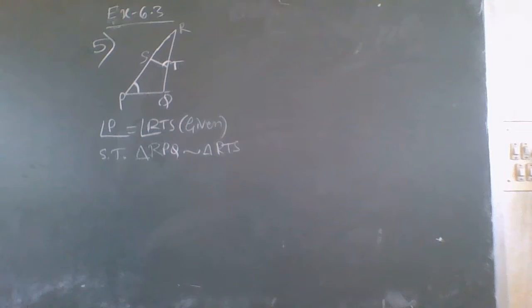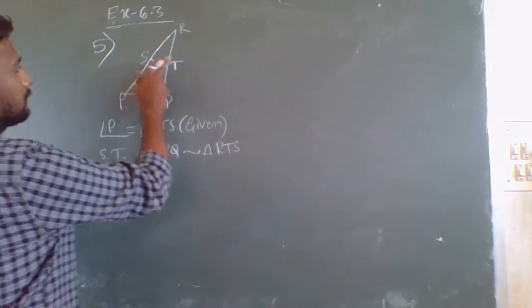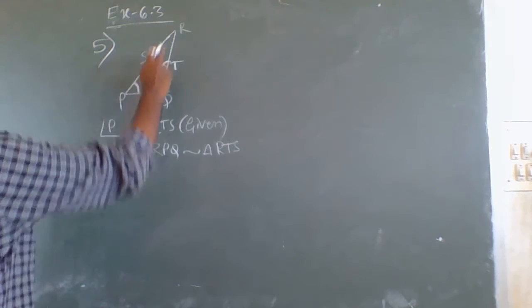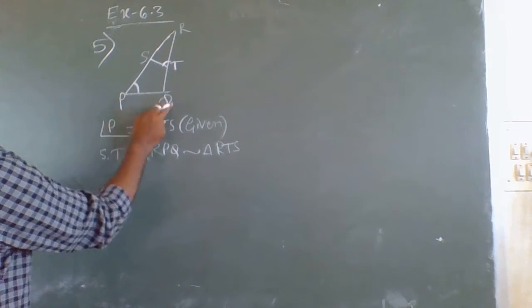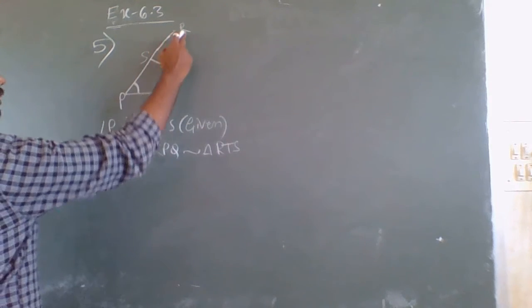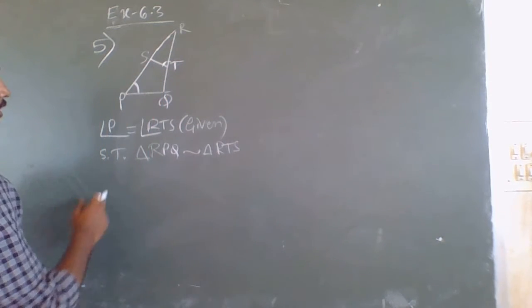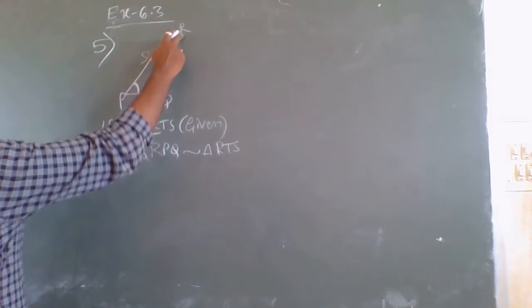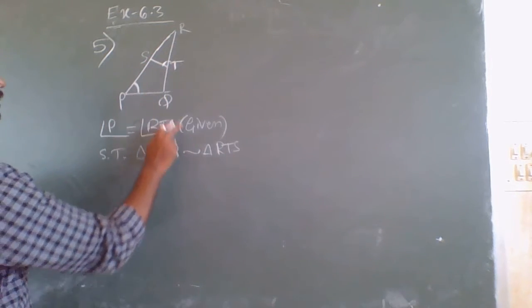So what they have given here is that S and T are points on sides PR and QR of triangle PQR, and angle P is equal to angle RTS. We have to show that triangle RPQ is similar to triangle RTS.